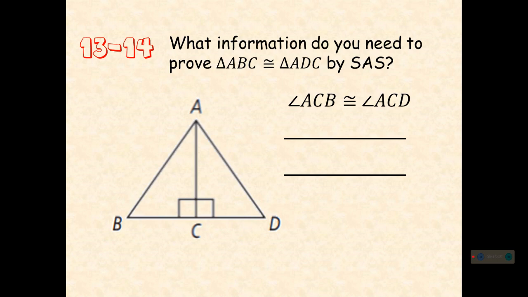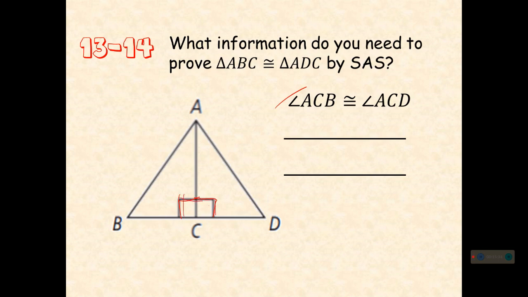What information do you need to prove that triangle ABC is congruent to triangle ADC by SAS? Okay? So, we already have here the first given. So, the first information that angle ACB is congruent, of course, to angle ACD. So, they are congruent. So, we already have the markings here.